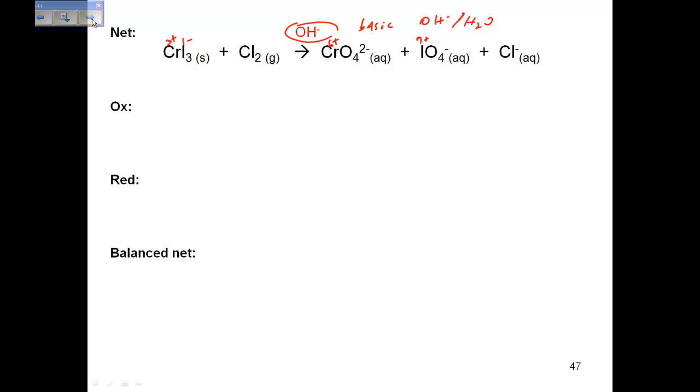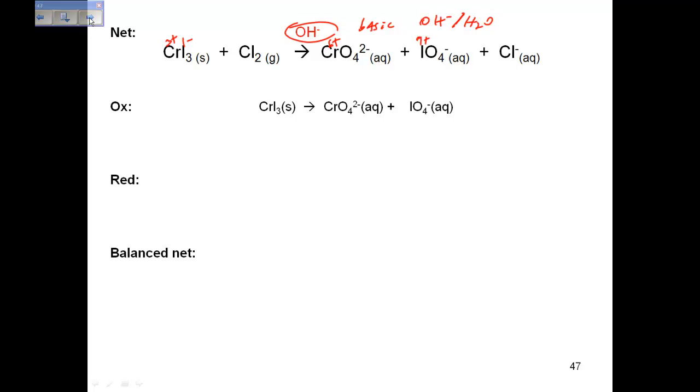So you have your iodine going from -1 to 7+. That's an oxidation. Also went from no oxygens to 4 oxygens. So you have 2 species being oxidized. Can you have more than 1 species being oxidized or reduced? Yes, you can. You just got to bring them all down on that same oxidation line. So we'll go ahead and do that and bring those down. The whole thing. The CrI3 going to the CrO4 2- and the IO4-.